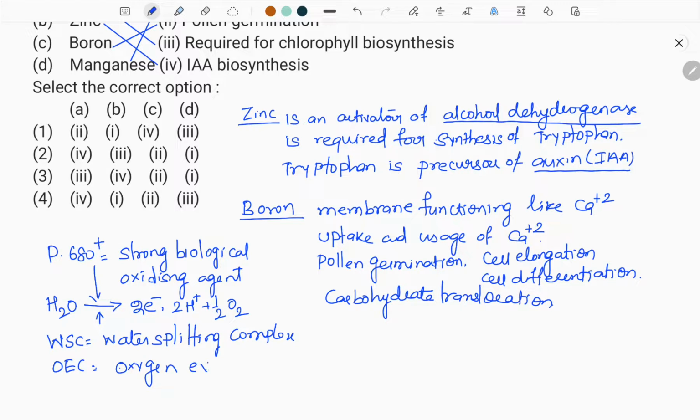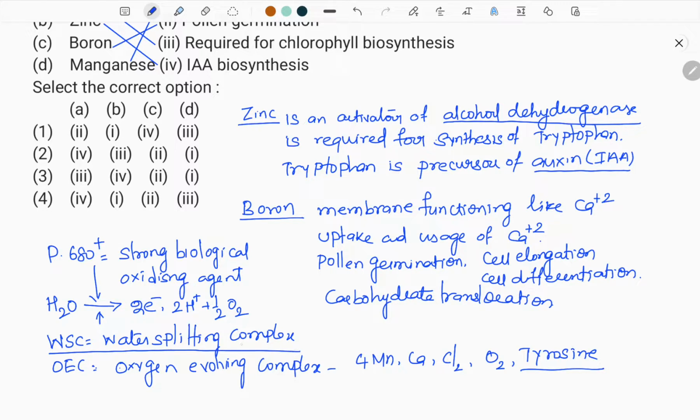What is the speciality of this OEC? This oxygen evolving complex contains 4 manganese, 1 calcium, chlorine, oxygen, as well as tyrosine, an essential amino acid. Tyrosine is present in the WSC, water splitting complex, or oxygen evolving complex.